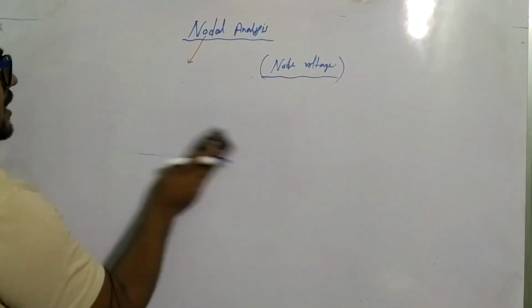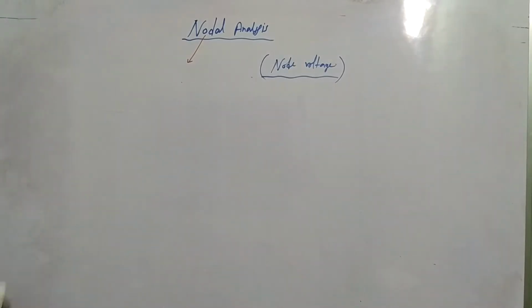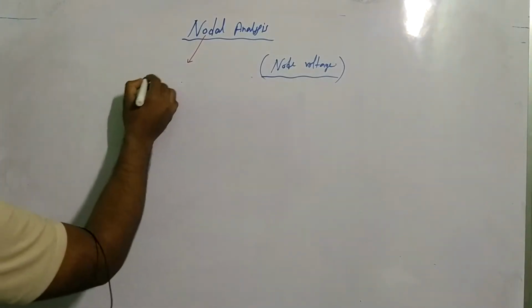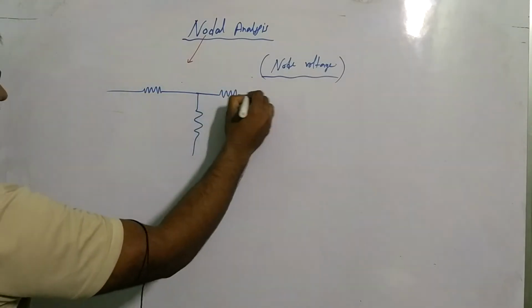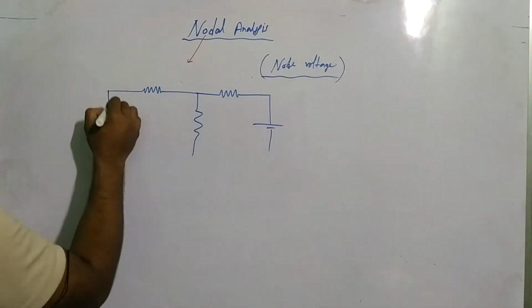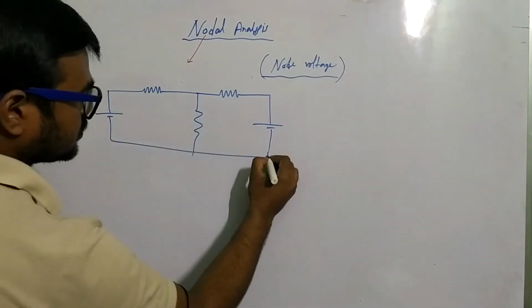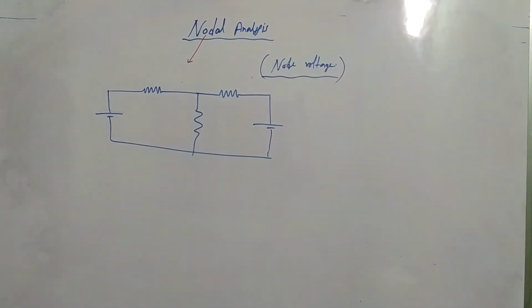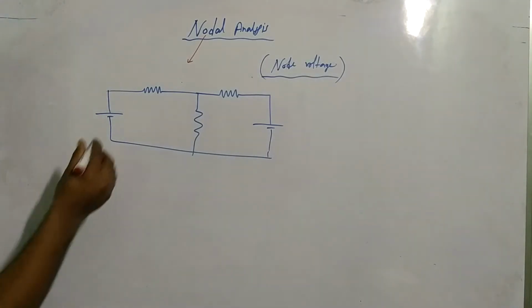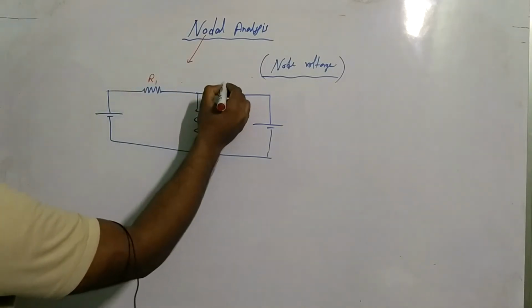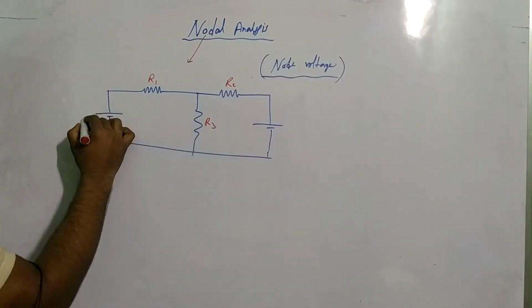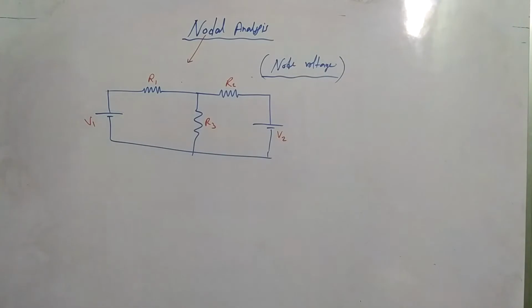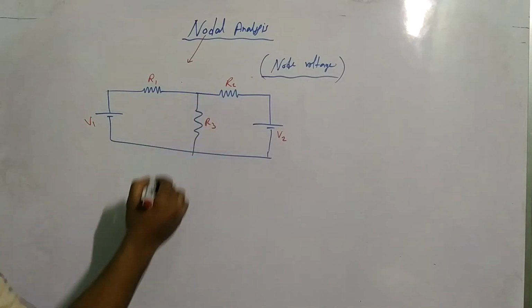Now I am applying nodal analysis to a circuit. At first, taking one example. This has R1, R2, R3, and this is V1 and V2. Now I am finding the node voltage.